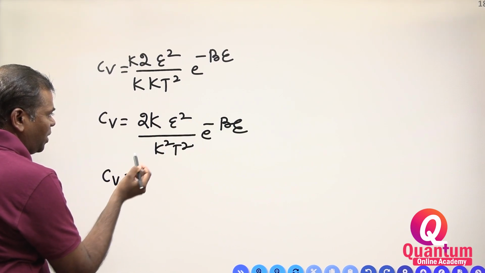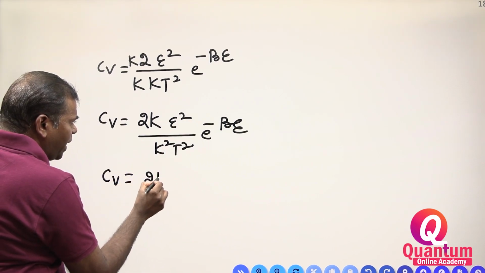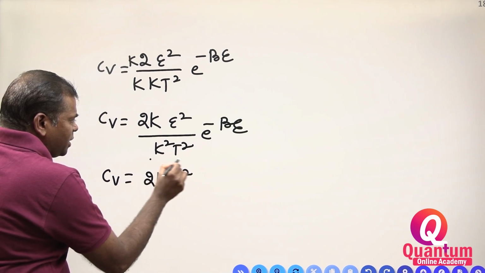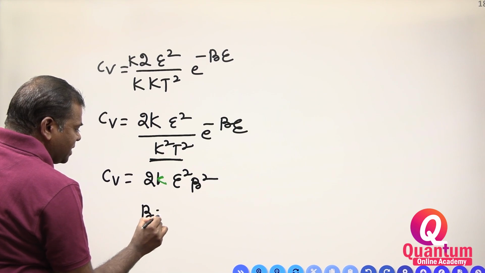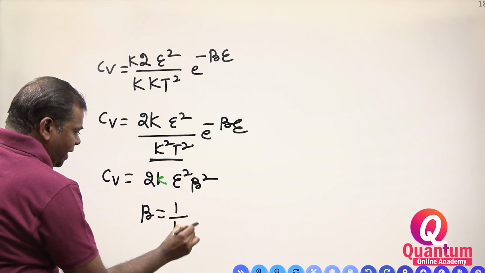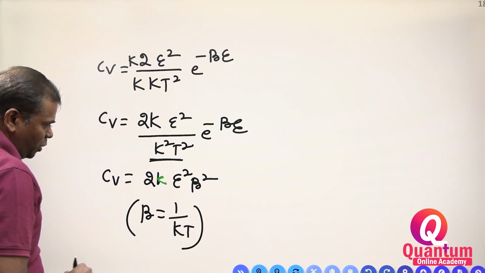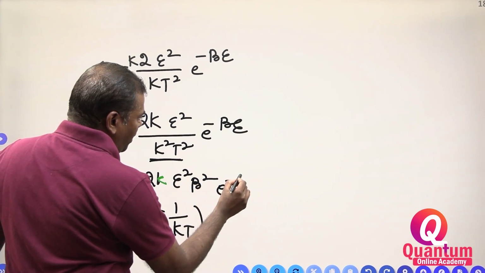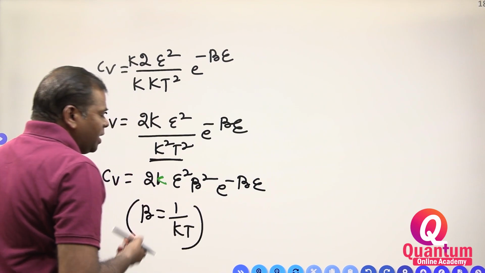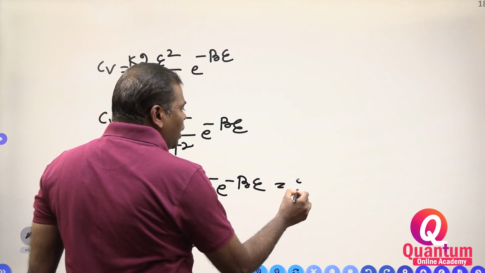Therefore, CV is equal to 2k, this one what we have to write? β²ε² e^(-βε), because β is equal to 1 by kT. Therefore, β²ε² e^(-βε). Therefore, what we have to write?